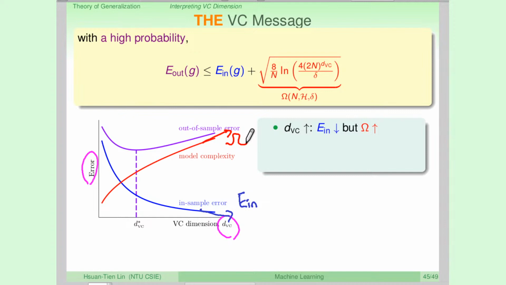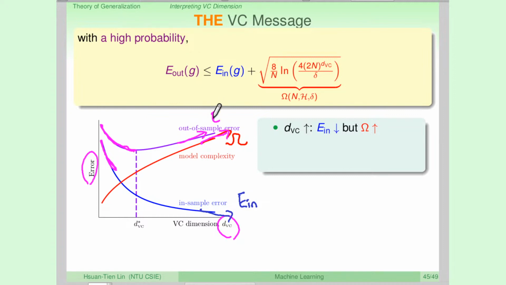What happens to the in-sample error is that it generally decreases in the beginning because you are fitting better and better. So this decrease is mainly caused by the blue term here. But in the end, after you have reached sufficiently small in-sample error, the huge complexity you are paying may come into play, so your out-of-sample error would grow eventually.